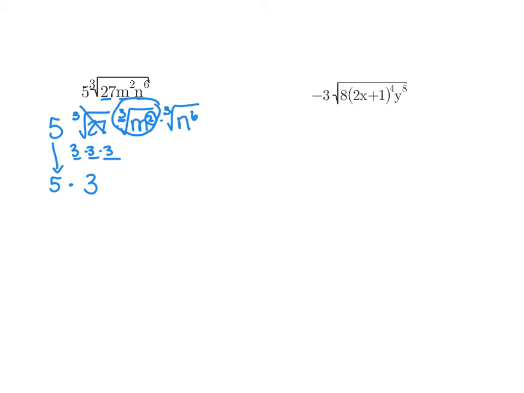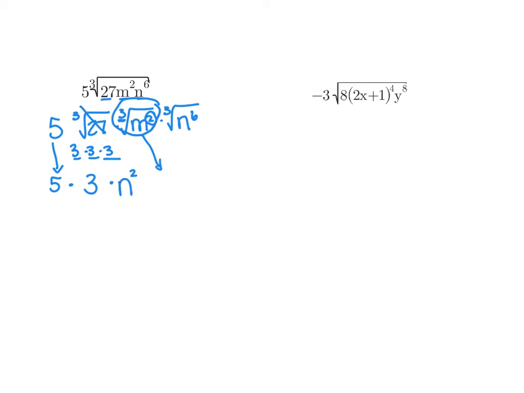And then let's go to the next factor. We have the cube root of n to the 6th. So you have 6 n's all being multiplied. How many groups can you make if you put 3 in a group? In other words, what is 6 divided by 3? 2. So you get n squared.